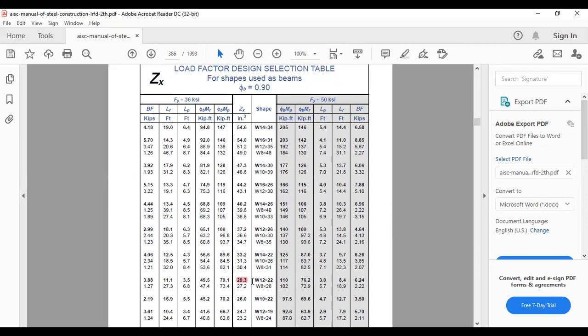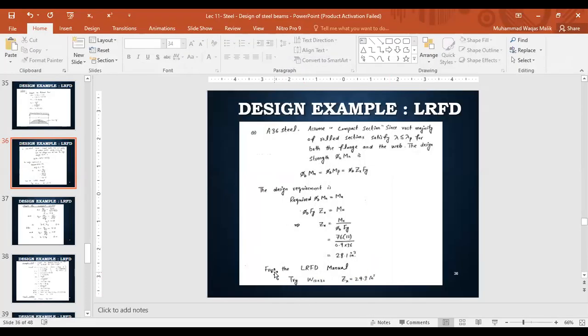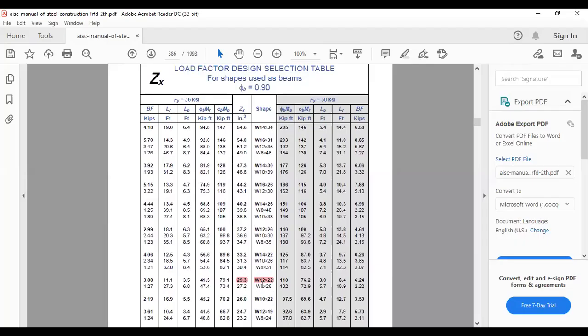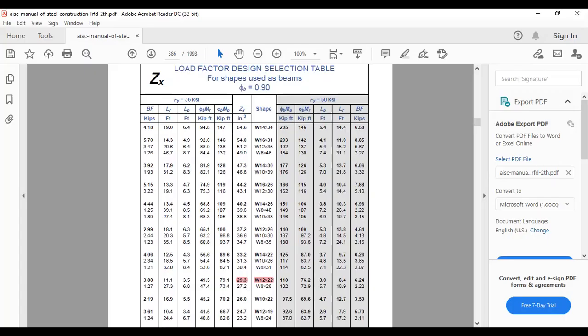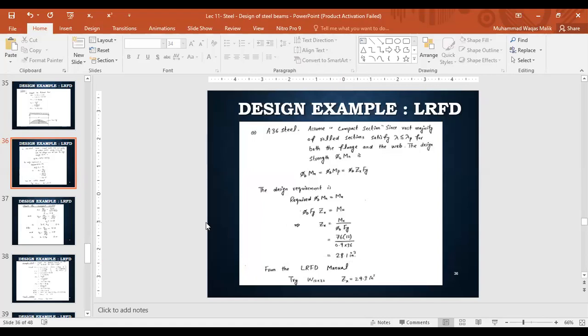The shape against this plastic modulus is W12 by 22. So from the LRFD manual, we are going to try the W12 by 22, the shape having a modulus of 29.3 inch cube, which is just above the value of 28.1 inch cube.